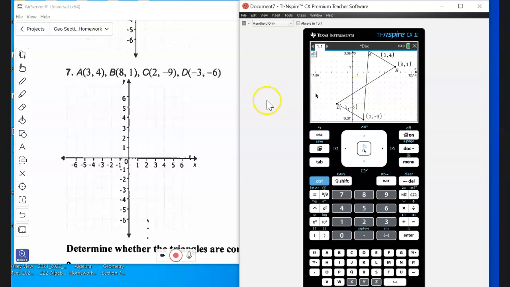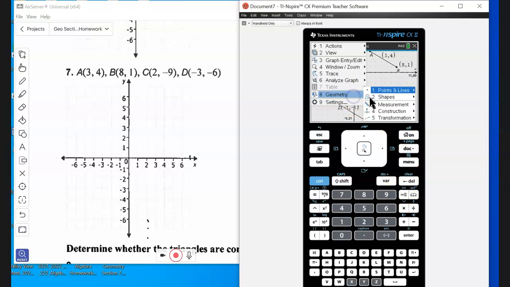And negative 3, negative 6, okay. So let me delete this here. Delete that. And I'm going to construct again, menu, geometry.